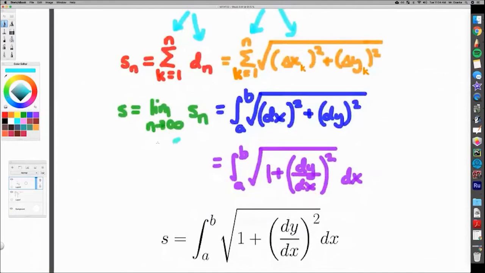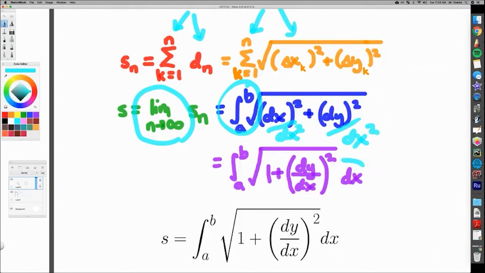Now, if you do infinitely many distances that are infinitely thin, then you do the integral. If you have a dx and a dy here, you can divide each of these by dx squared, factoring out a dx squared. It shows up right here.